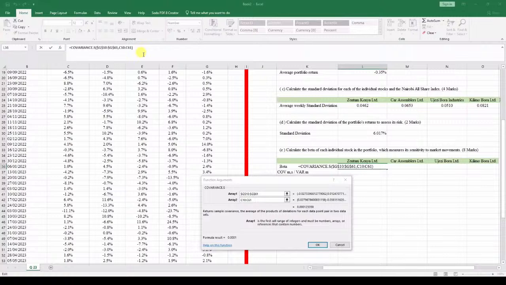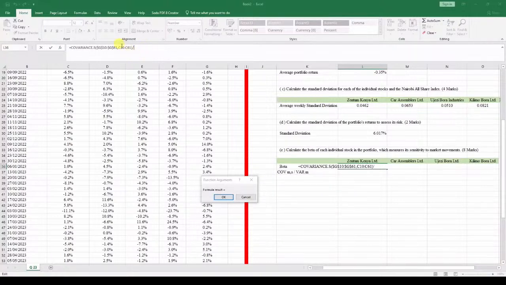We divide now, divide by the variance of the market.